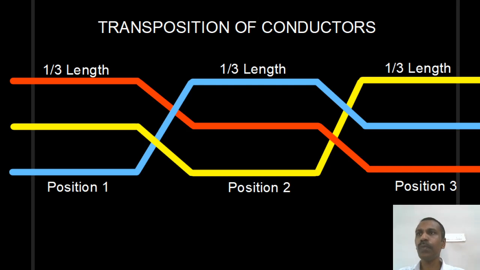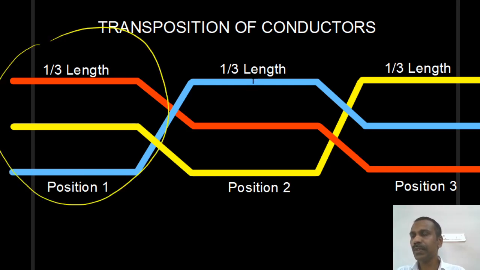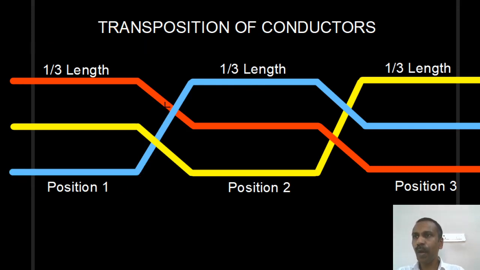It is just like what we studied in the inductance of conductors. So here the positions of the conductors are interchanged. This is the position of the three conductors in the first 1/3 length of transmission. Then you see the A phase is brought to this place. Then again after 1/3 length of transmission, the A phase conductor is brought to this place.